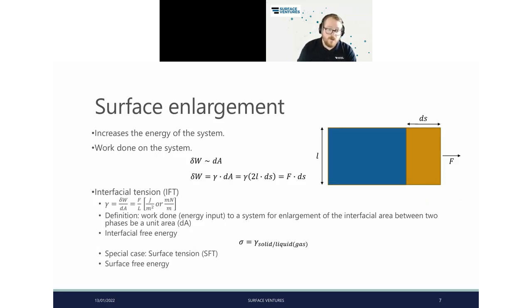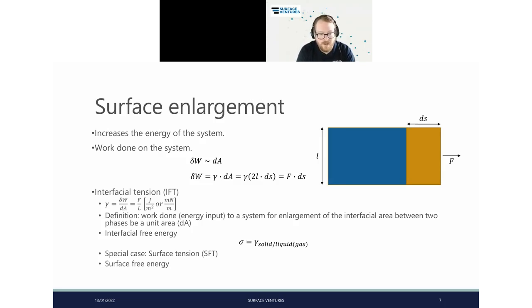So increasing the energy of the system by enlarging it, we do work on the system. We have our imaginary phase here that we are increasing by size ds using a force F. And this requires work, or change of work, delta W, to change the area.